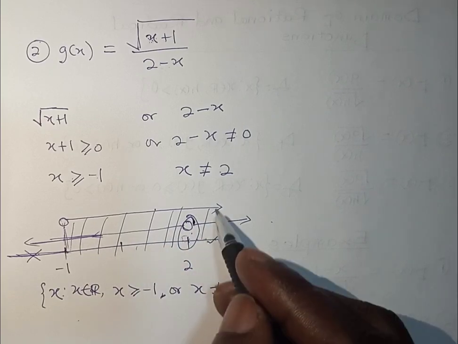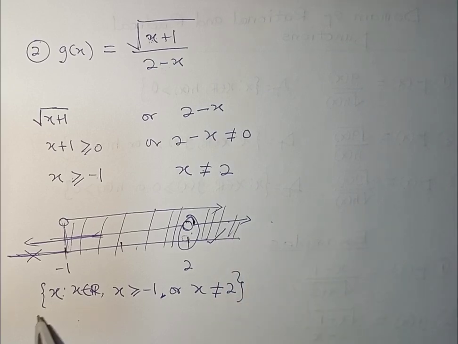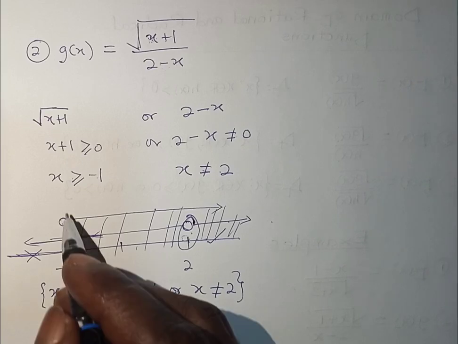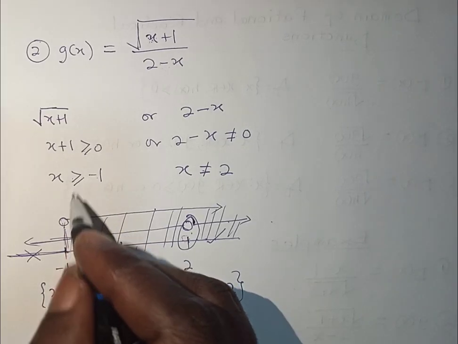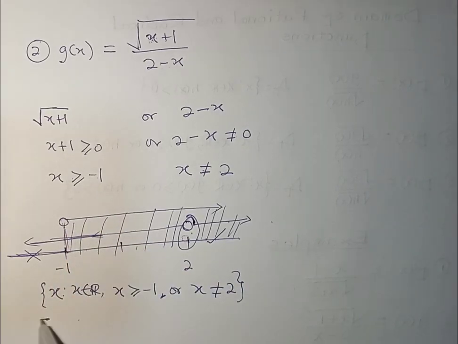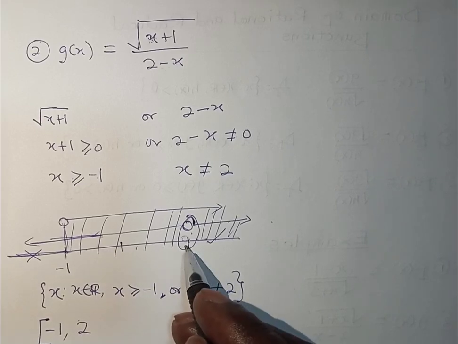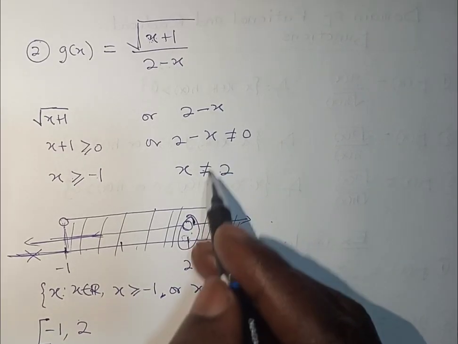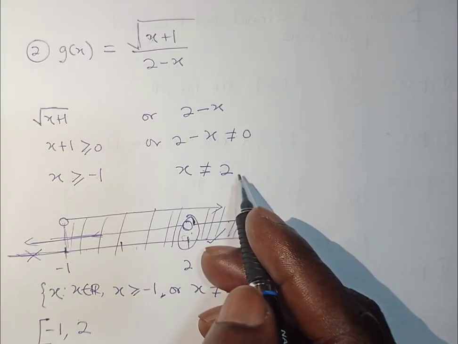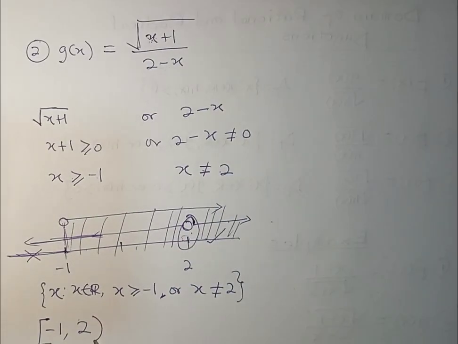And from here, everything will also satisfy. So my interval notation is going to be: I will close this one because of the equal sign, which is -1, from here to 2, because the 2 is not inclusive, so I will bring open. Open means the 2 is not inclusive.